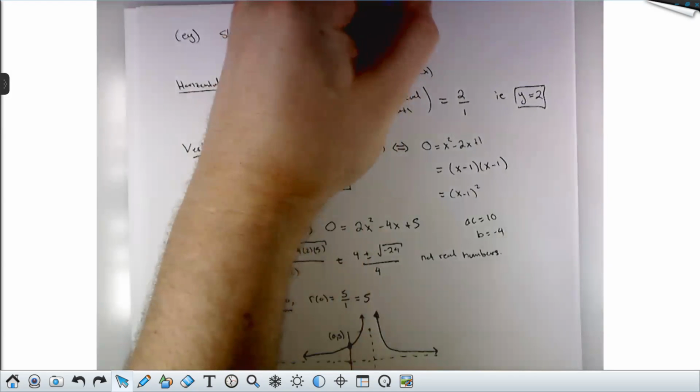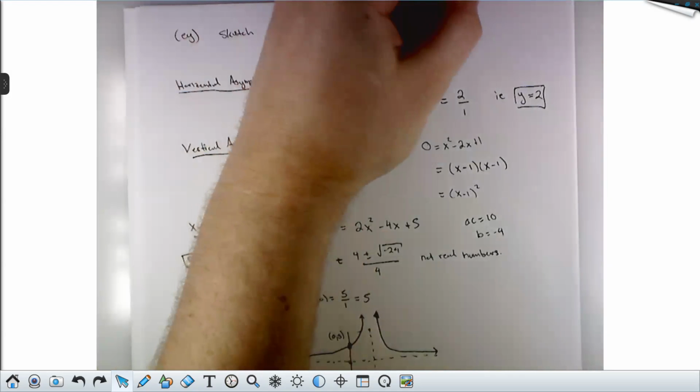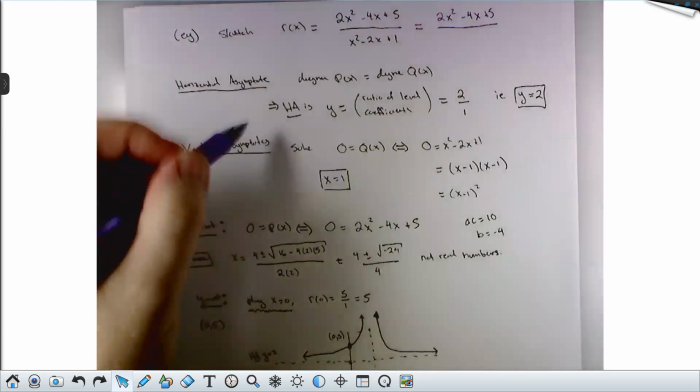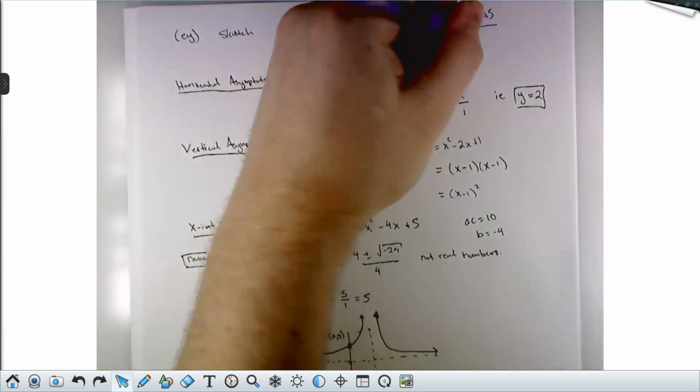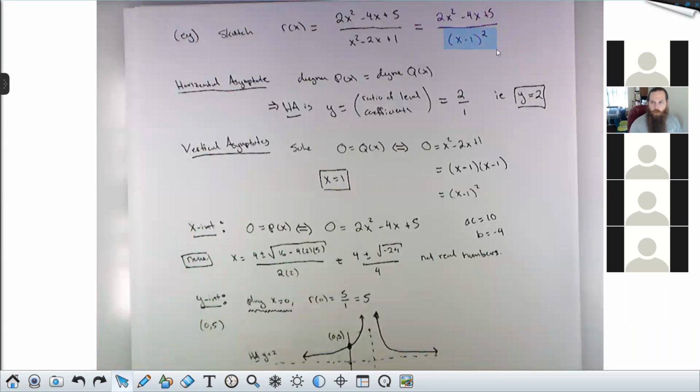Another thing that can really help is what we said about multiplicities of roots. So the top doesn't factor. But the bottom, remember, factored as x minus 1 quantity squared. So the vertical asymptote here is coming from a multiplicity 2 factor downstairs.